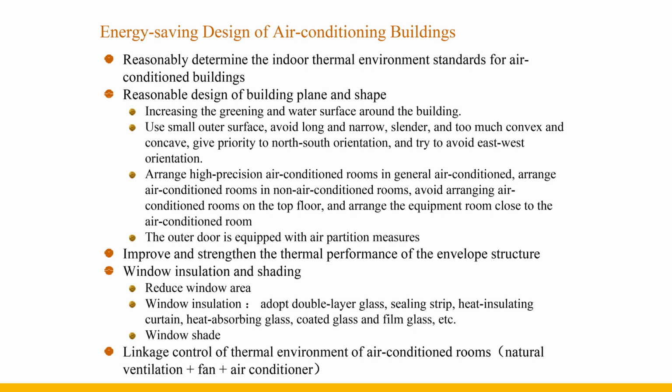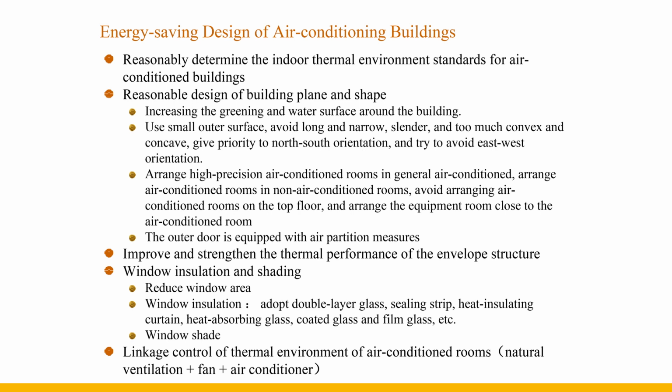The second, reasonably design the building plan and shape. Improve the external environment by increasing the greening and water surface around the building. Use as small an outer surface as possible. Avoid long and narrow shapes and too much convex and concave. Give priority to north-south orientation and try to avoid east-west orientation.